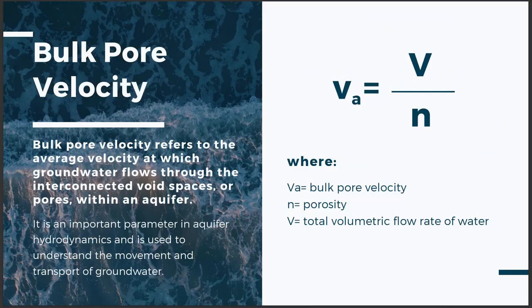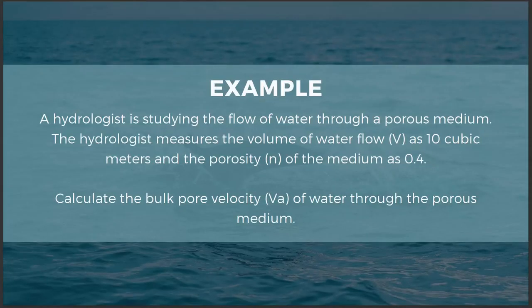And then, we have here the seepage velocity. It refers to the average velocity at which groundwater flows through the interconnected void spaces or pores within an aquifer. So that is simply the volumetric flow rate of water over porosity, V over N. Given here, the volume flow is 10 cubic meters, and porosity is N. So you just divide, right?